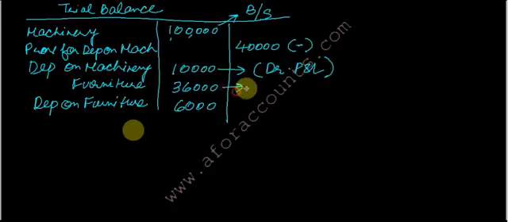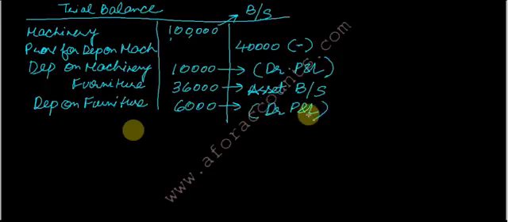Furniture is my asset. It will go to the balance sheet. Had I had an amount saying provision for depreciation, then I would have affected it in the balance sheet, but it is not there, so just take this amount to the balance sheet. Depreciation on furniture is debited to the profit and loss account. This is the treatment that needs to be given.